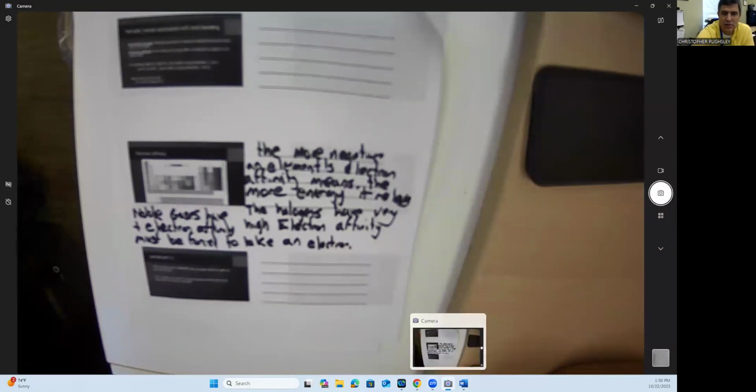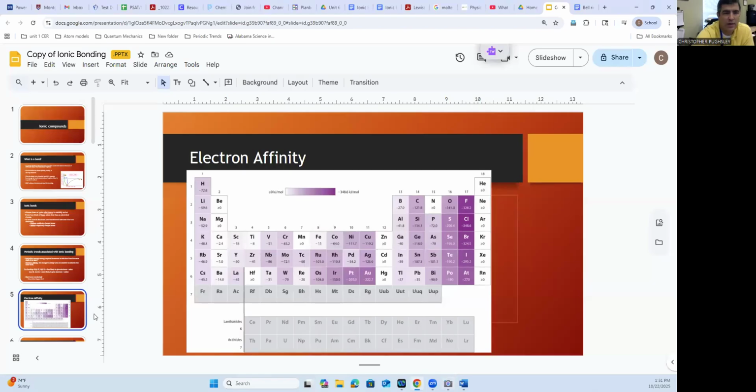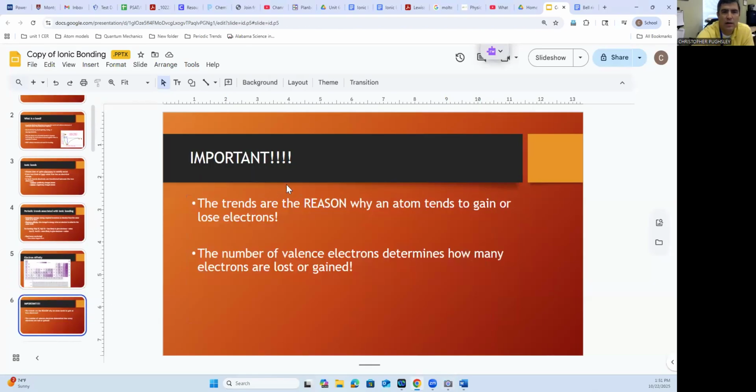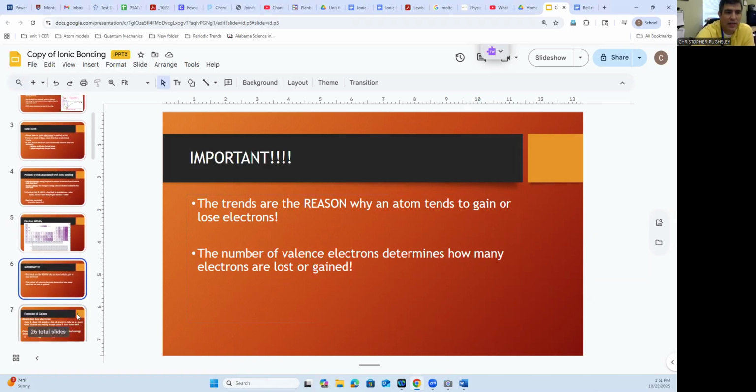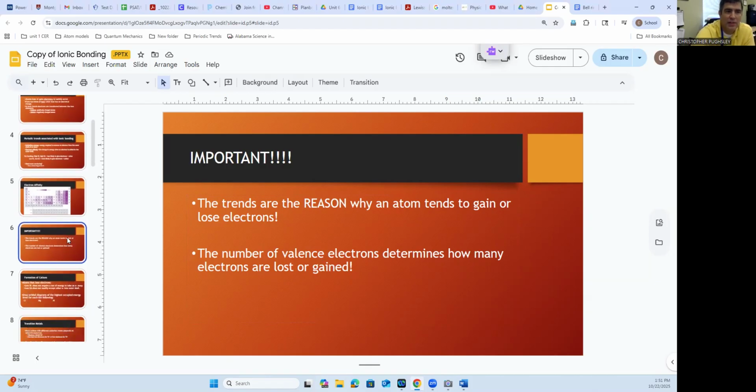And so the trends are the reason why an atom tends to gain or lose electrons. The number of valence electrons determines how many electrons are lost or gained. We can see that on our table here, and it determines how much they want to gain or lose electrons.